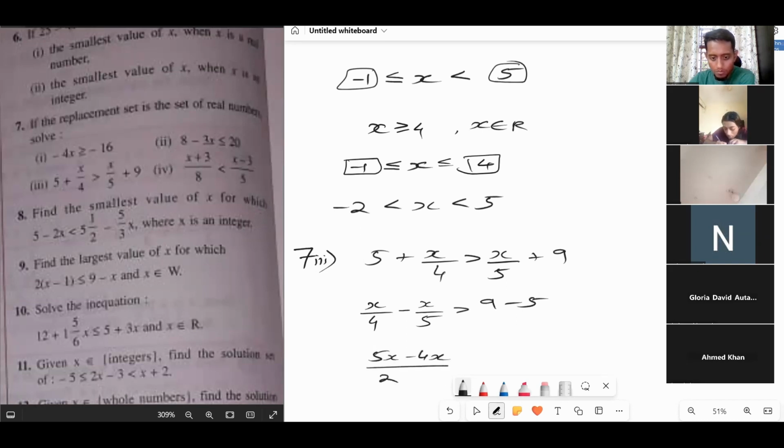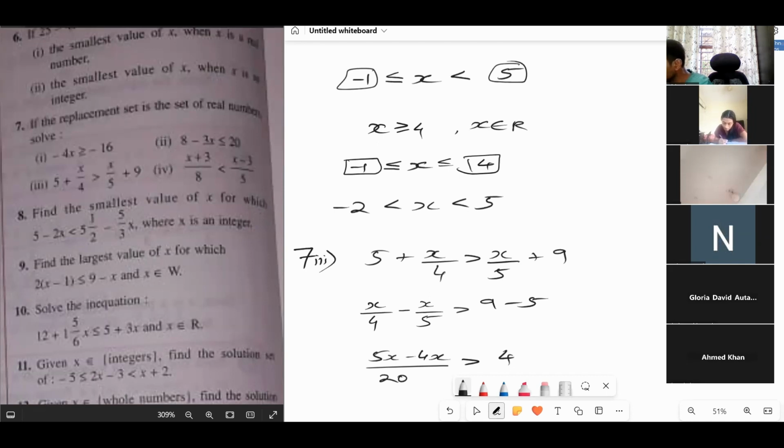I got -1 x upon 23 greater than -2. Can I convert 4 and 20? 1 minute. -4.